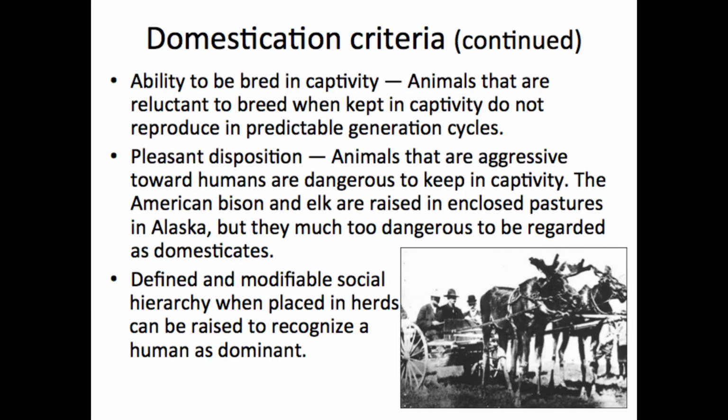Also, an animal needs to have a pleasant disposition. What I mean by pleasant disposition, it does not want to hurt or injure us. Again, I would like to use reindeer as a very good example.